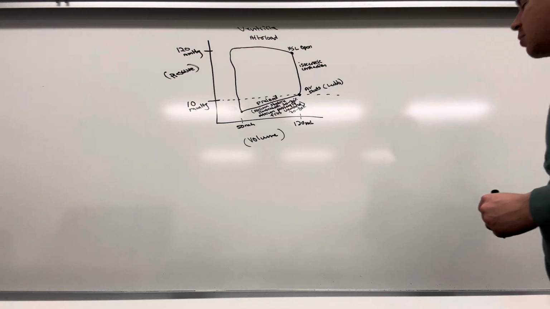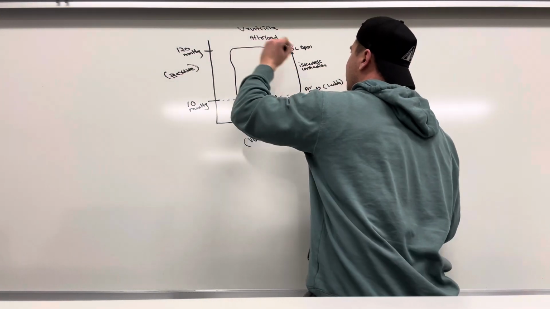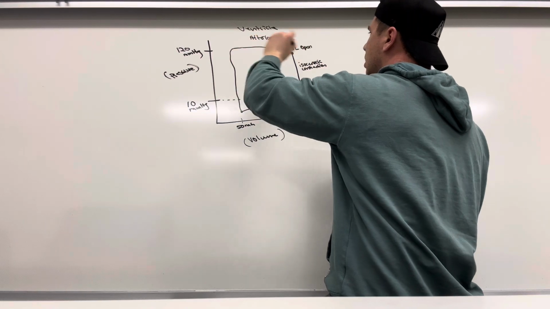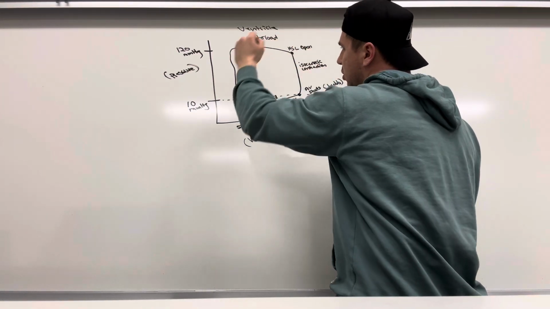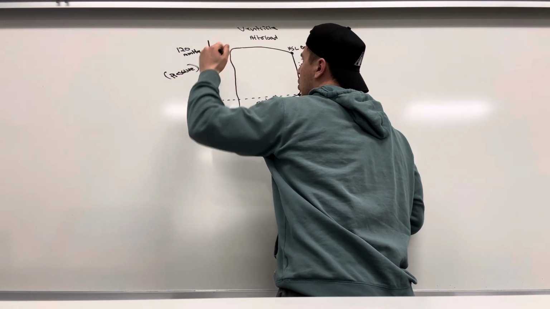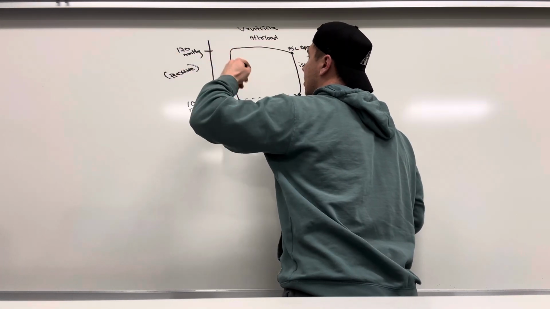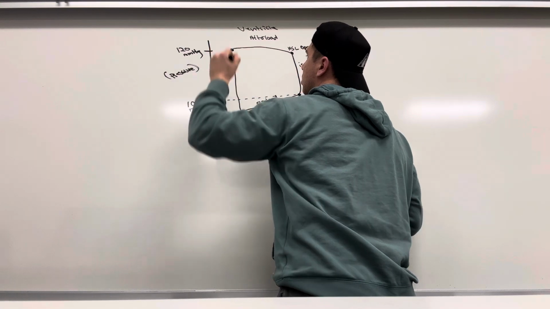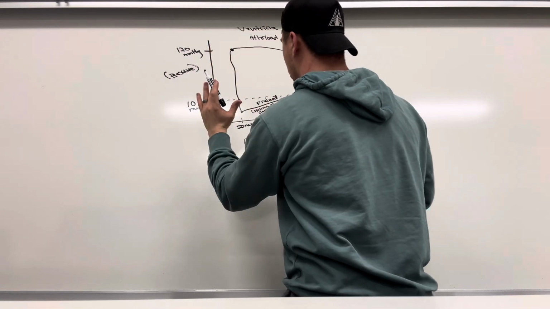So that aortic semilunar valve will actually open up, we lose blood, and slowly start to lose that pressure. And then the pressure in the aorta will exceed the pressure in the ventricle and will shut the door, so we don't lose any more.